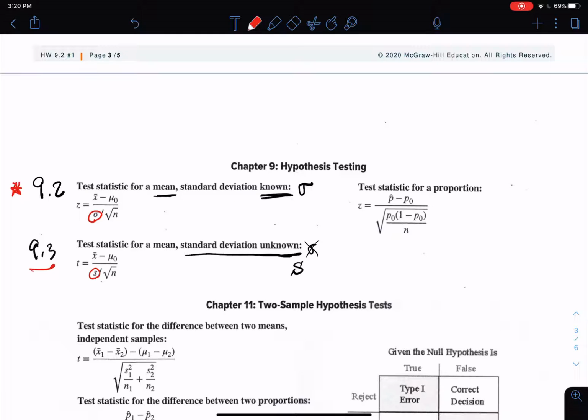So to get our test statistic, we're going to use z equals x bar minus mu sub 0. Now that is our population mean, but it's just the population mean that goes with our null hypothesis. So it's still the same thing as just mu, but it's the population mean associated with that 0 or the null hypothesis.